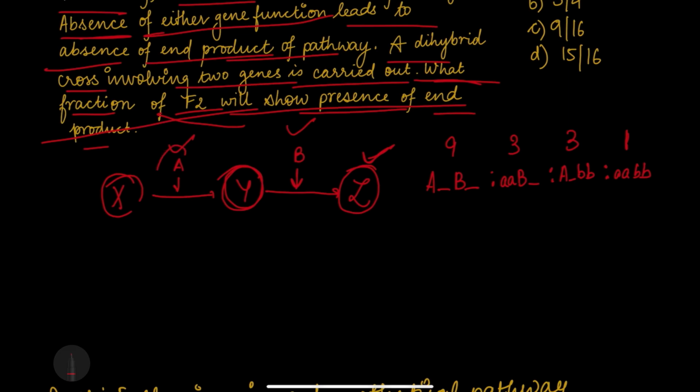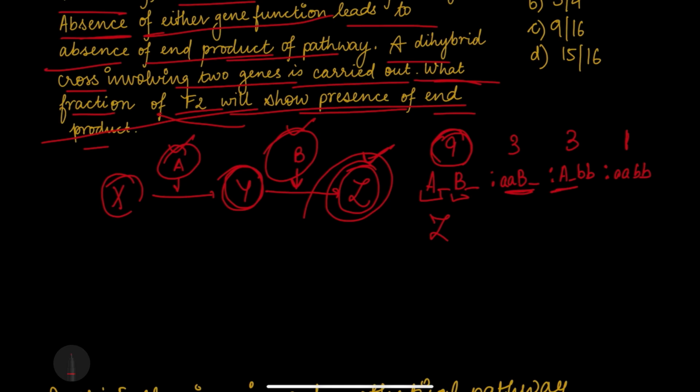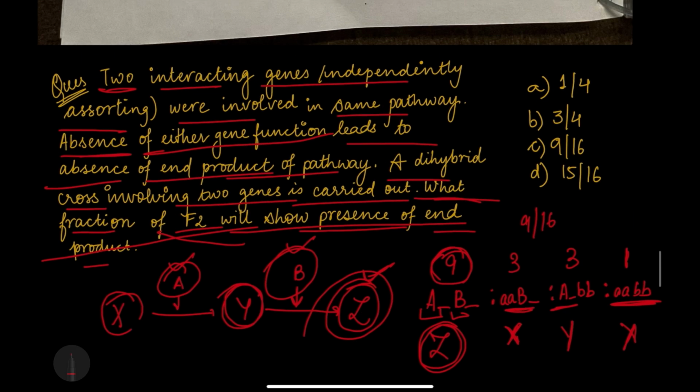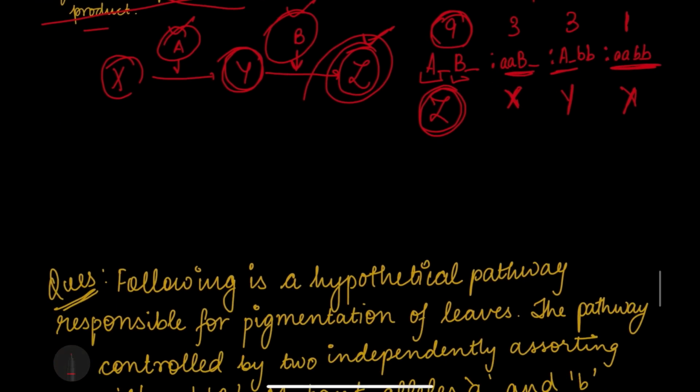So here if both A and B are dominant, then only we will get Z. Here only B is dominant, so we will not get Z. Here only A is dominant, so we will get only Y. Here none of them is dominant, so we'll get X only. Here also we will get X only because A is not dominant. So what fraction do we get Z? This is 9 over 16. So I hope it might be clear. We got the answer 9 over 16.